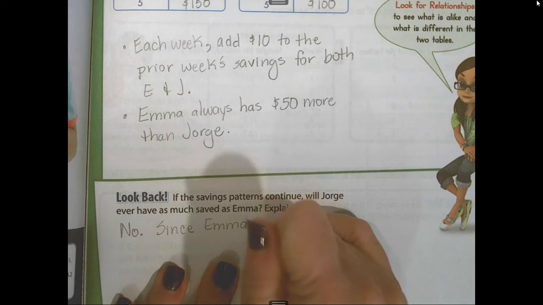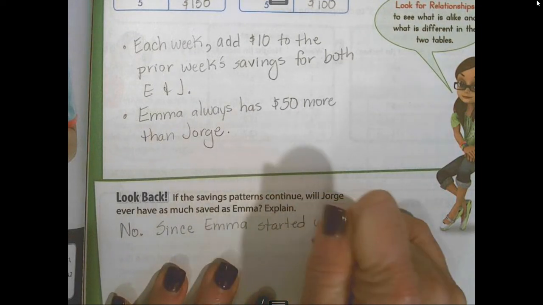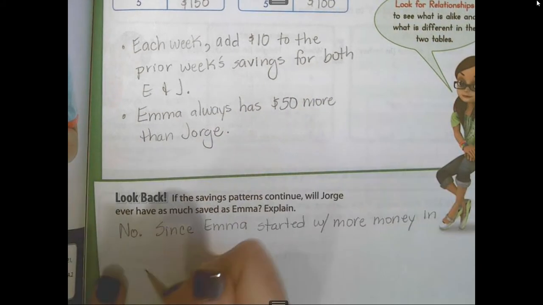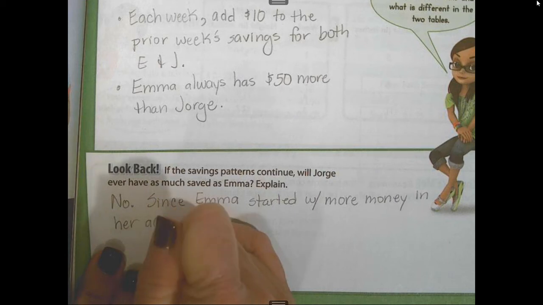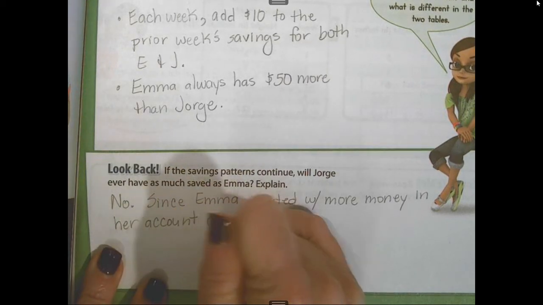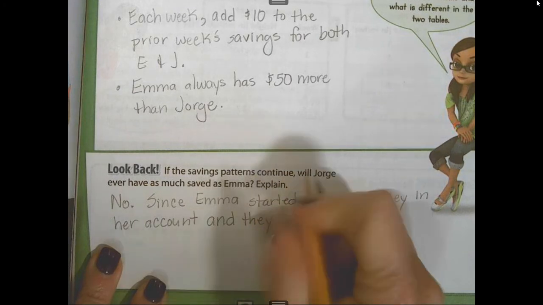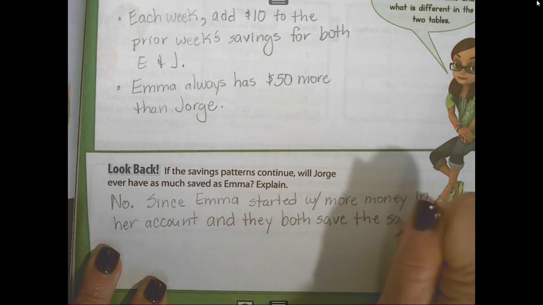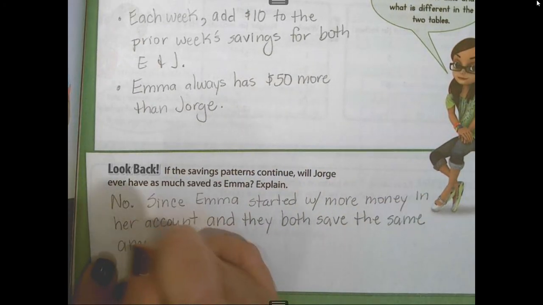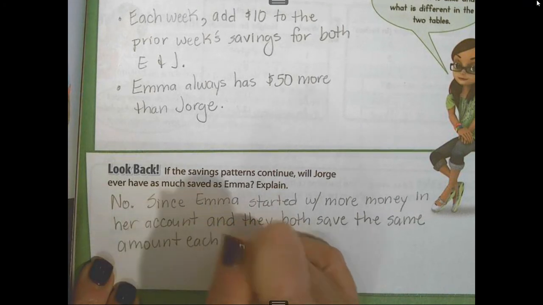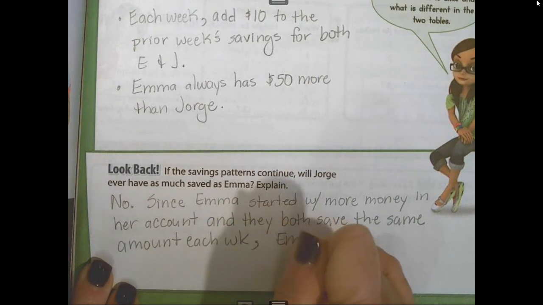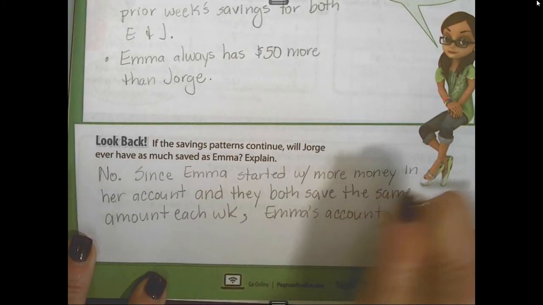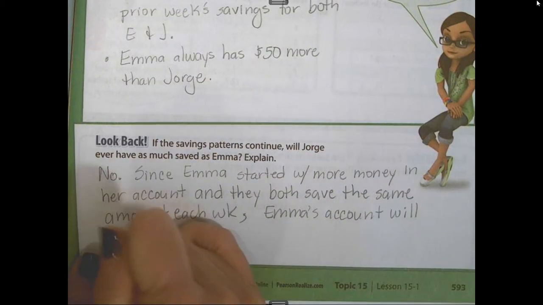So since Emma started with more money in her account, and they both save the same amount each week, Emma's account will always be greater. And how much greater will it be?